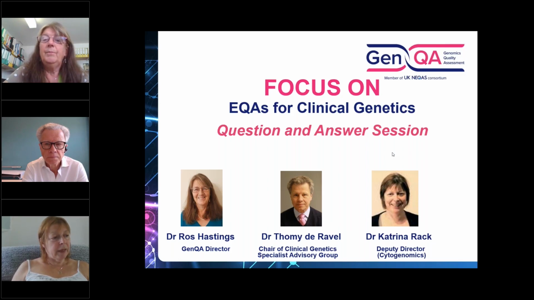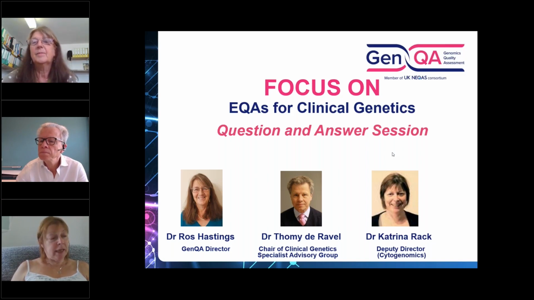Okay, thank you. There was a question that's probably linked and you probably partially already answered about the oversight of EQAs. And I could perhaps answer this so that although there are assessors involved in each of the individual clinical genetics EQAs, the 4 EQAs are overseen by a scientific advisory group which consists of clinical geneticists.